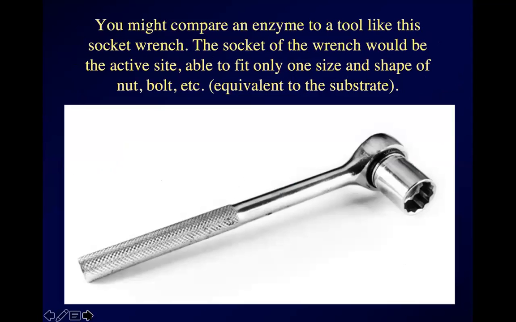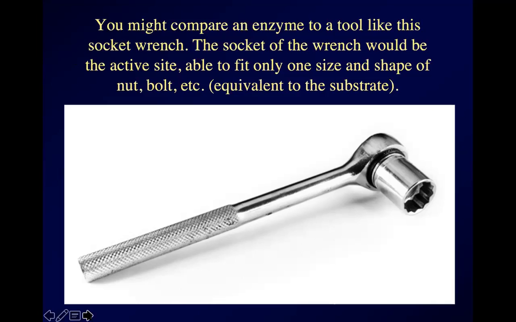And you could compare enzymes to being like little socket wrenches. The wrench itself might have a number of shapes. The handle could be different thicknesses or different sizes. But what's critical is the socket on the wrench. That would be the active site because it's able to fit only one size and shape of nut or bolt or what have you.